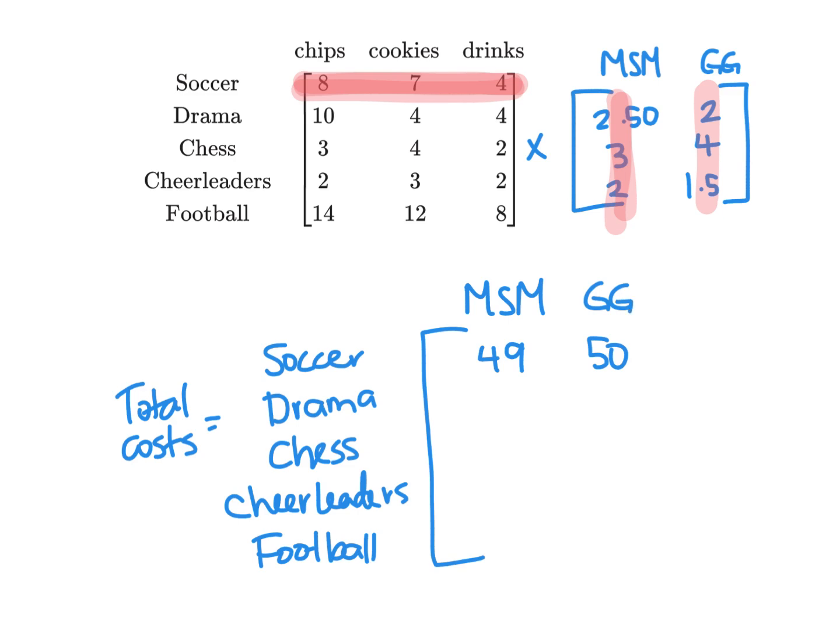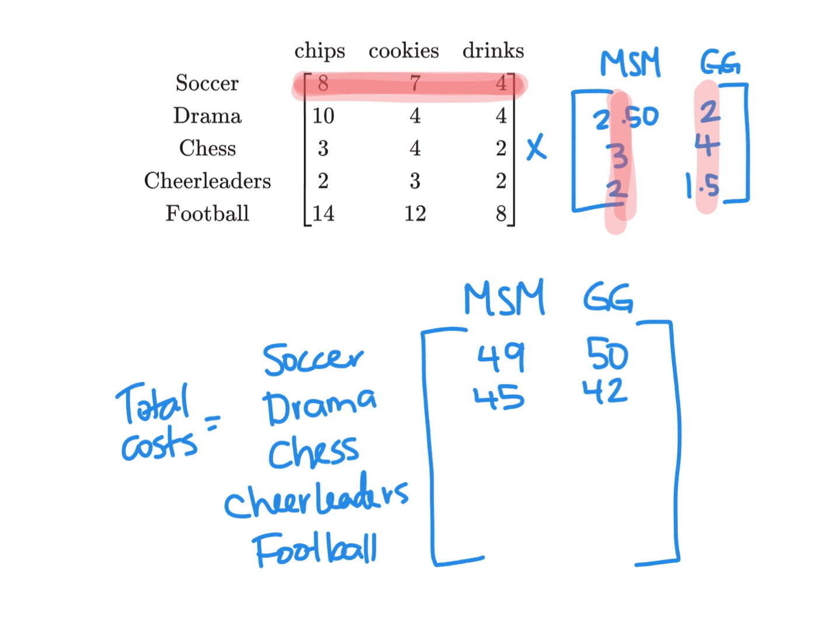Okay, we know the total for drama at Main Street Market was $45, and at Grandpa's Groceries was $42. So we already know that, but the question is, can we figure it out for chess, cheerleaders, and football?